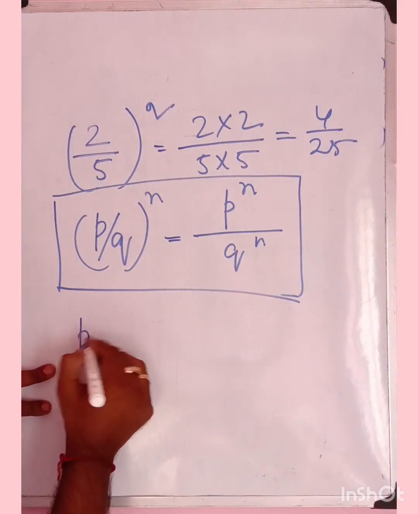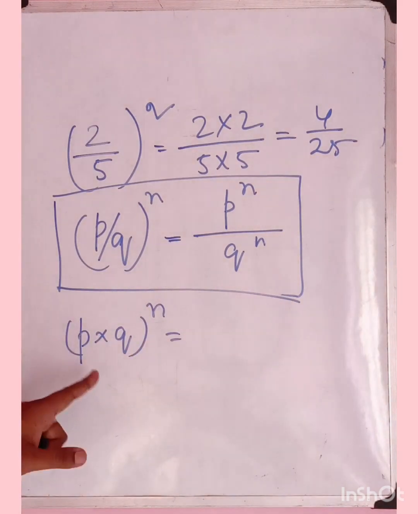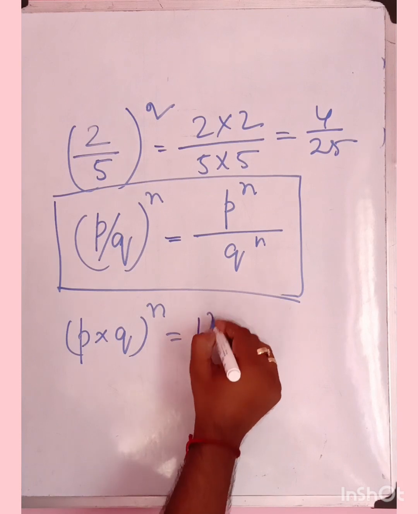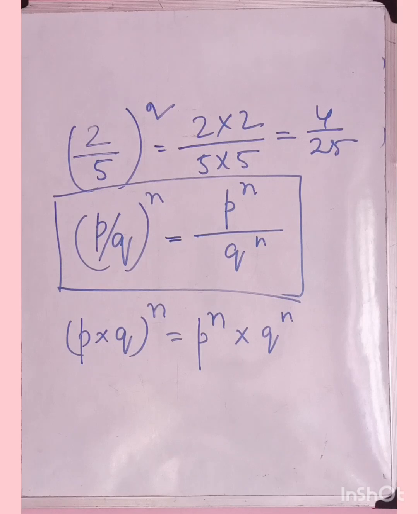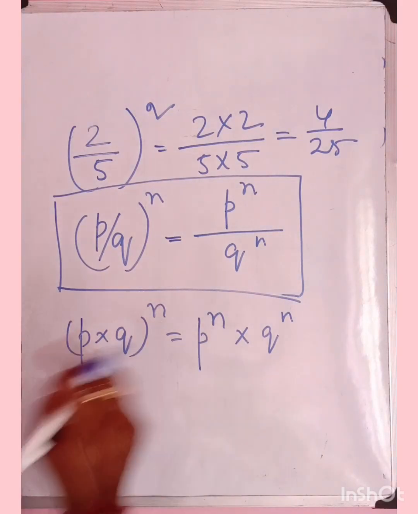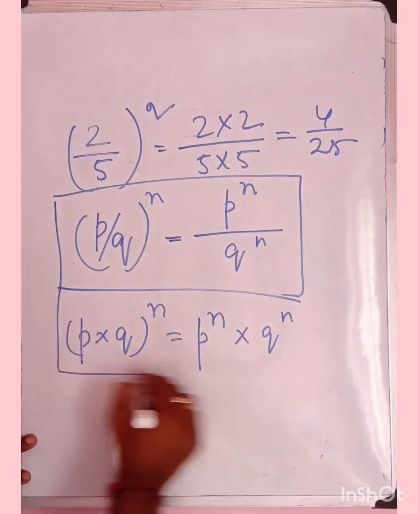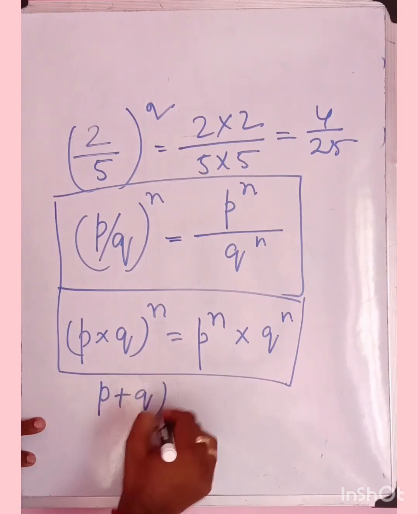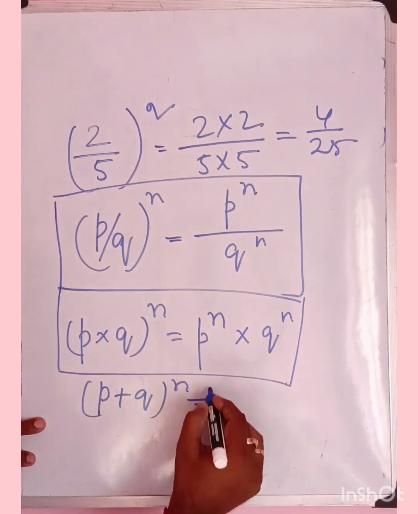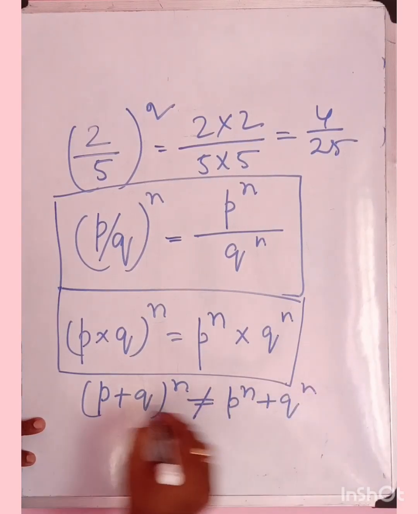Similarly, if P into Q whole to the power n, you can write it as P to the power n into Q to the power n. Got it? But remember, P plus Q to the power n is not equal to P to the power n plus Q to the power n.